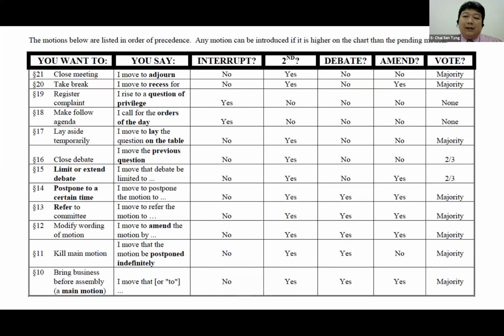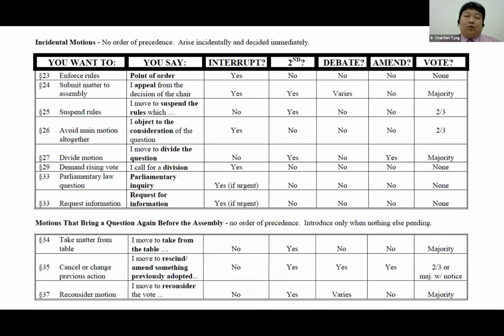But the idea here is that there are procedures and processes that you have to follow. If we are discussing a motion and you are trying to add in elements, you can't do that just by simply suggesting it. So this is a very artificial approach to meetings, but they are very useful in situations like annual general meetings where it is more formalized, so that people don't just simply interrupt.